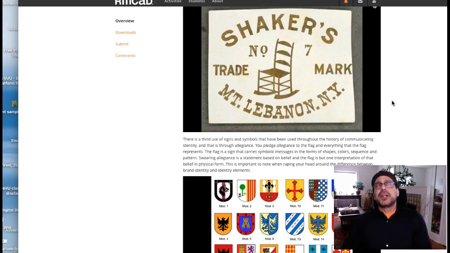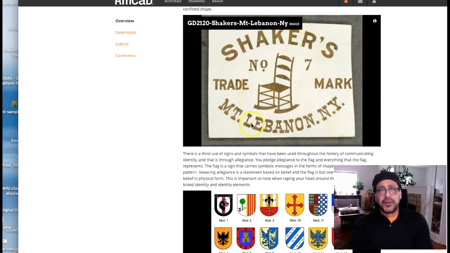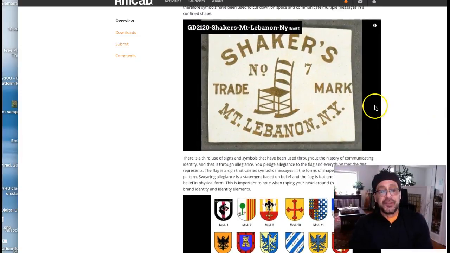And that's how you consider logo development, whether you're working for yourself as a designer, designing a logo for yourself, or whether you're working for a client, designing a logo for your client. Some considerations are this logo right here, as gorgeous as it is, probably would not be considered by today's standards to be a particularly effective logo.